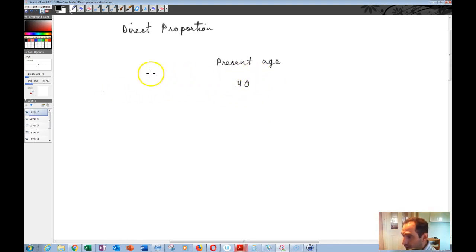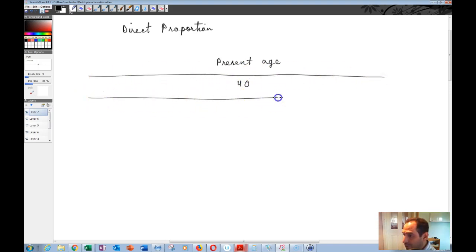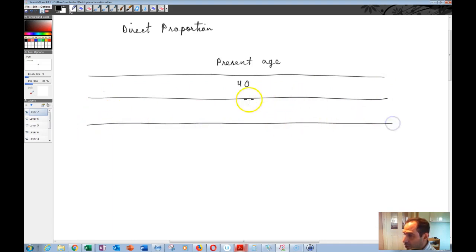So if I had a child, which I don't, this is me and this is my child, and this is my present age. Let's say that I had a child right now, and the child was, I don't know, 15 years old.